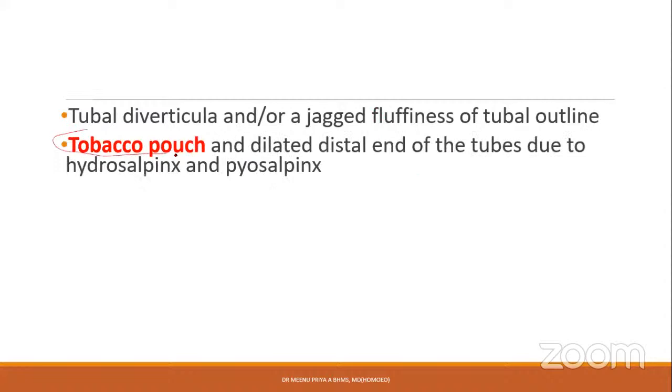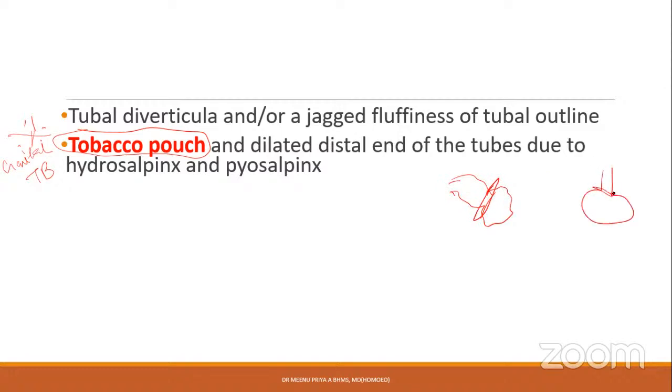A frequently asked question: tobacco pouch is seen in which condition? It is genital TB. Frequently asked question, just remember, tobacco pouch. If you see the picture of genital TB, I have not put it here, just go through, it will look like a tobacco pouch. Tobacco pouch means all these old people used to store tobacco, right?